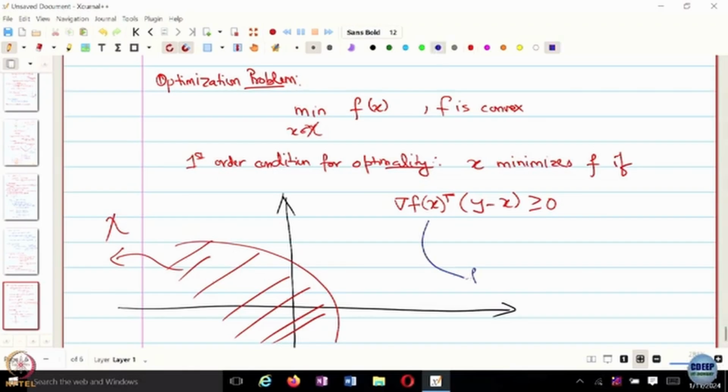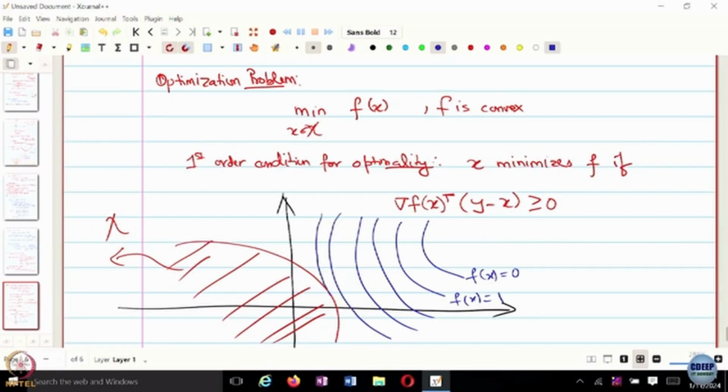Let's say this is f of x equal to 0, f of x equal to 1. So you just look at these level curves. Okay. So when is this function minimized subject to x belonging to this particular constraint set? When would that get minimized? When it just touches this constraint set, right, of feasible solution set at this point.